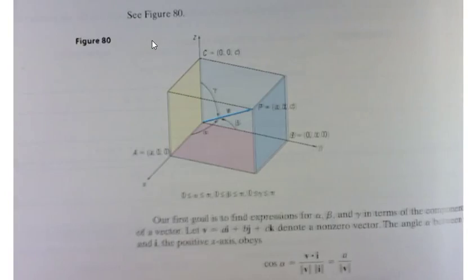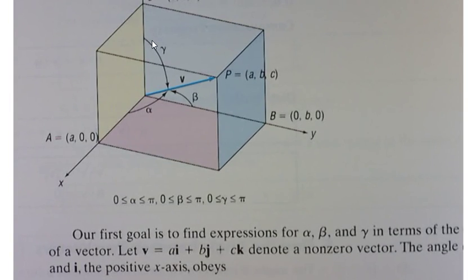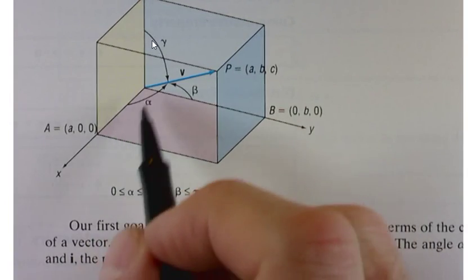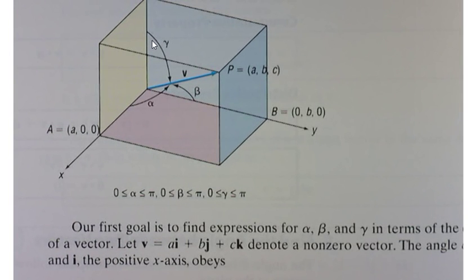All right. There is one last little topic in this section, and that is to find the direction cosines. So a different way to specify a point is to specify its length and the direction it makes with the positive x, y, and z axes.